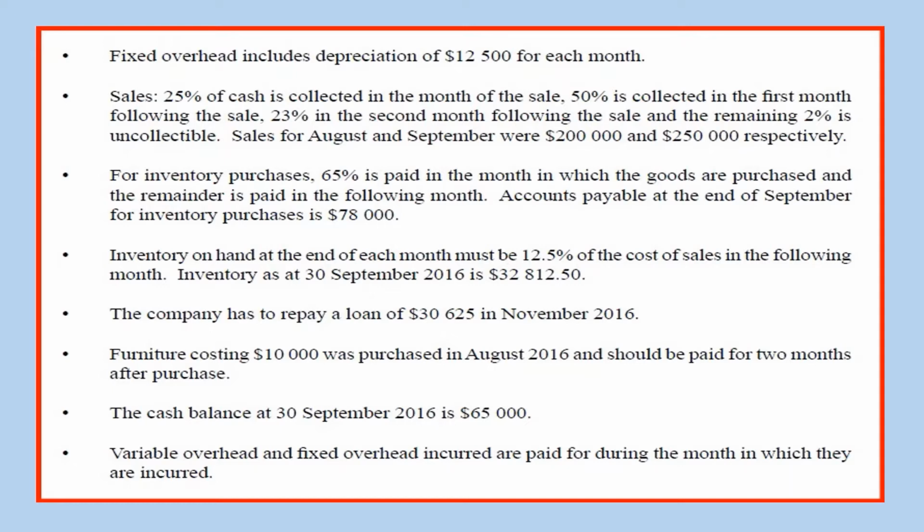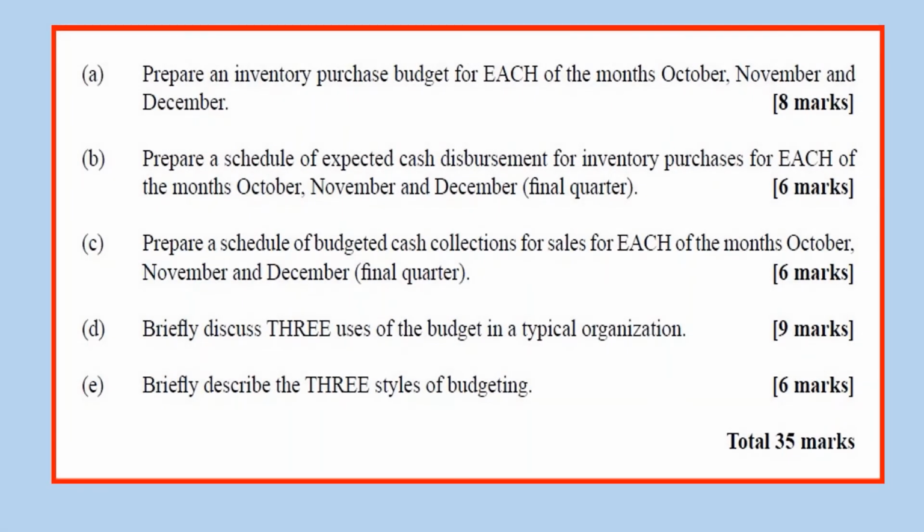Instructions, additional information. Required: Part A, prepare an inventory purchase budget for each of the months October, November, and December. Part B, prepare a schedule of expected cash disbursements for inventory purchases for each of the months October, November, and December.